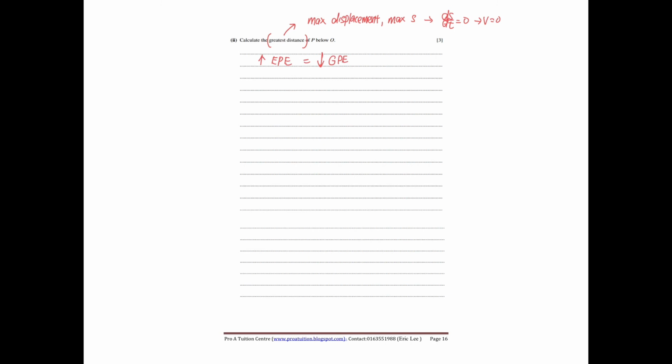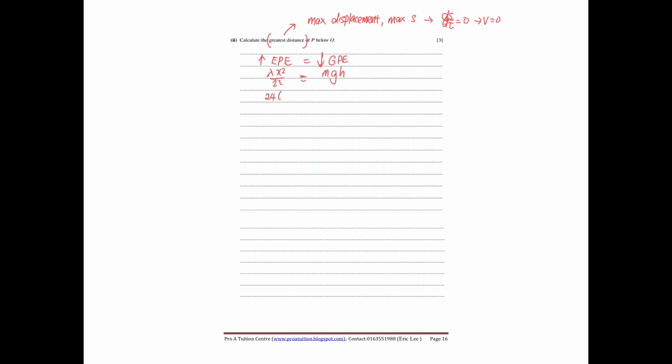Now the EPE is lambda x squared over 2L. The GPE is mgh. So let's substitute the values. 24 multiplied by the extension squared.